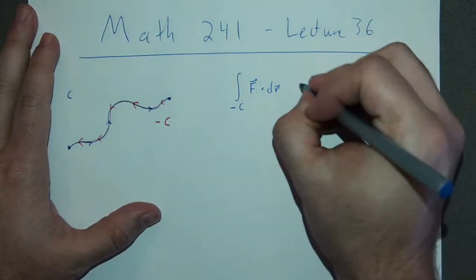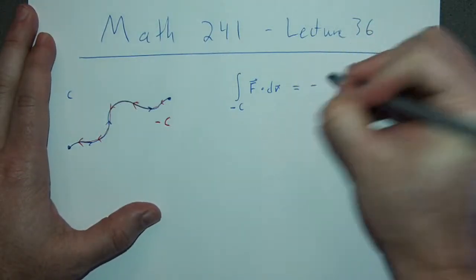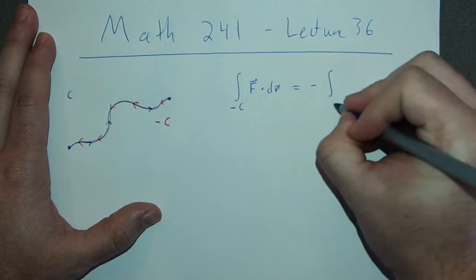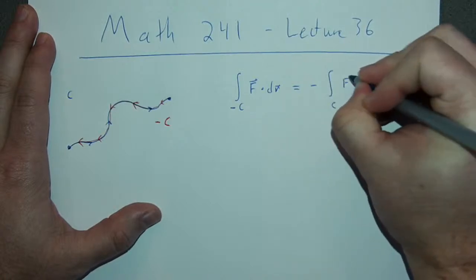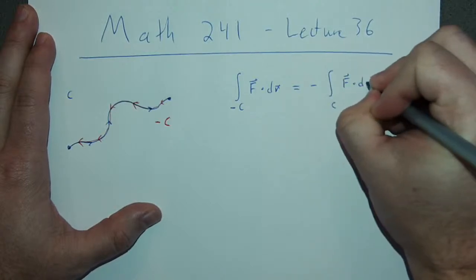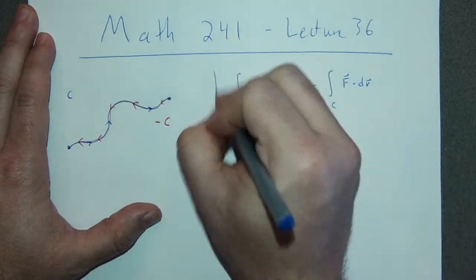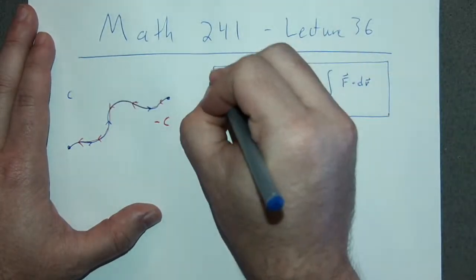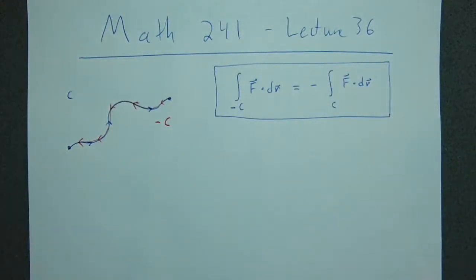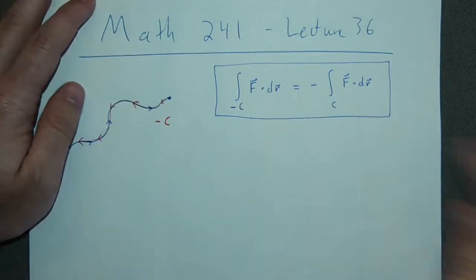Well, it turns out that this is just minus the regular line integral along C with the positive orientation. This actually isn't too deep of a fact or anything. In fact, all of you could probably prove this pretty quickly just by writing out the definition of line integral.